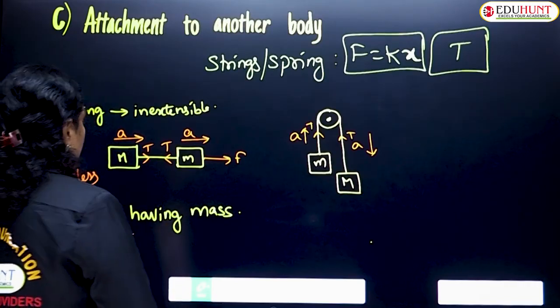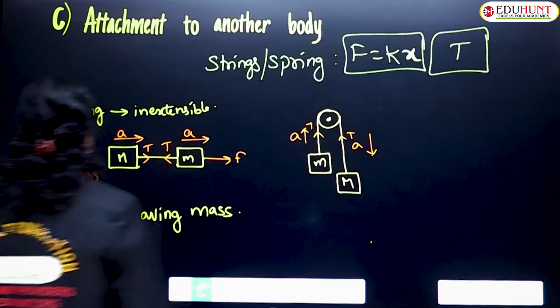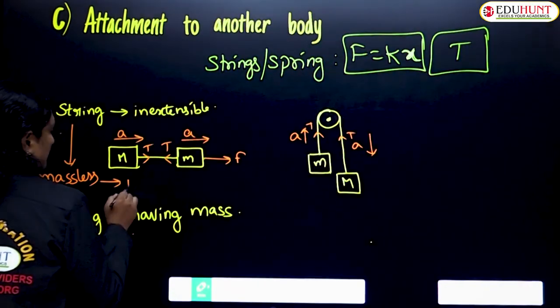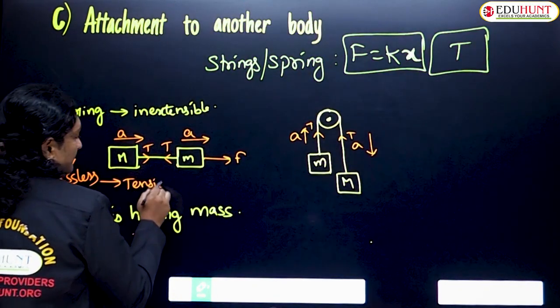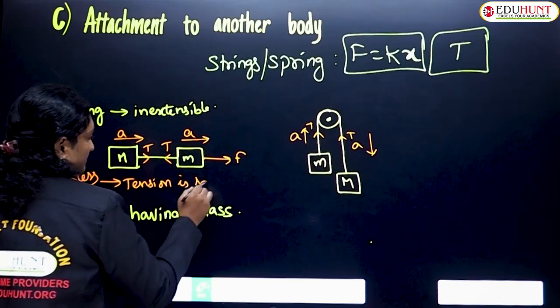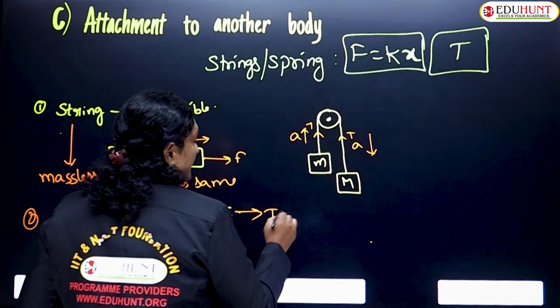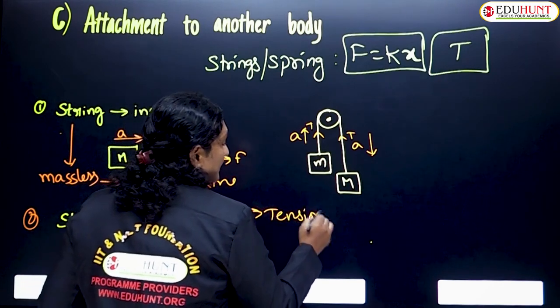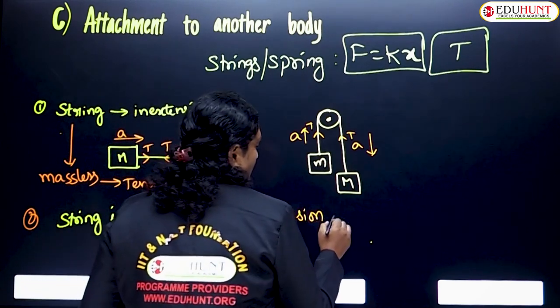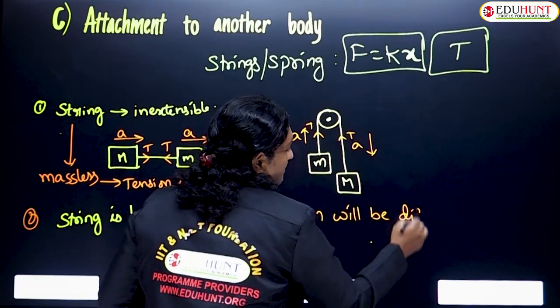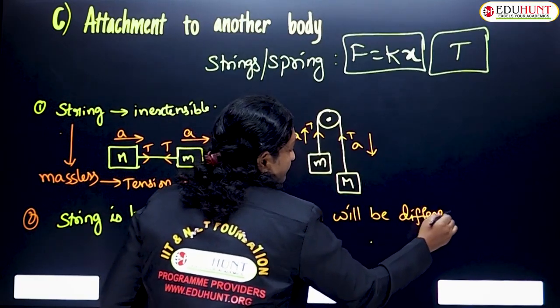Tension is different at different points. So massless means tension will be the same. If the string is having mass, then tension will be different at different places. This you need to understand properly, children.